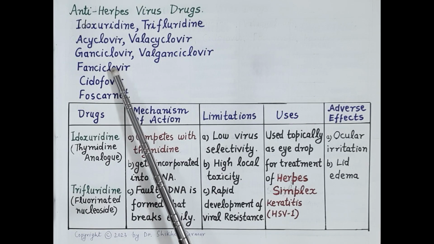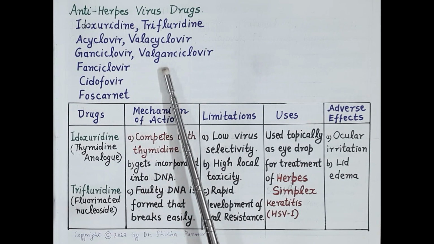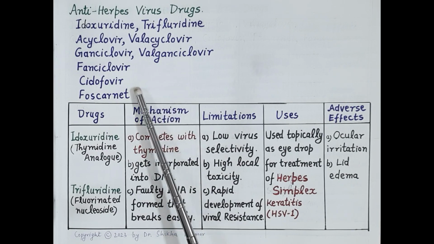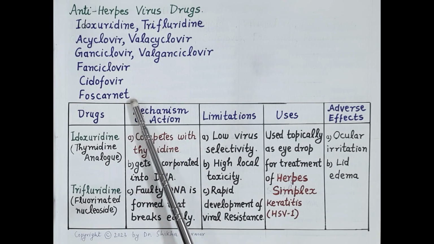Then Ganciclovir and Valganciclovir are used for the treatment of severe cytomegalovirus infections. Then Cidofovir and Foscarnet, they are used for treating Acyclovir and Ganciclovir resistant infections.